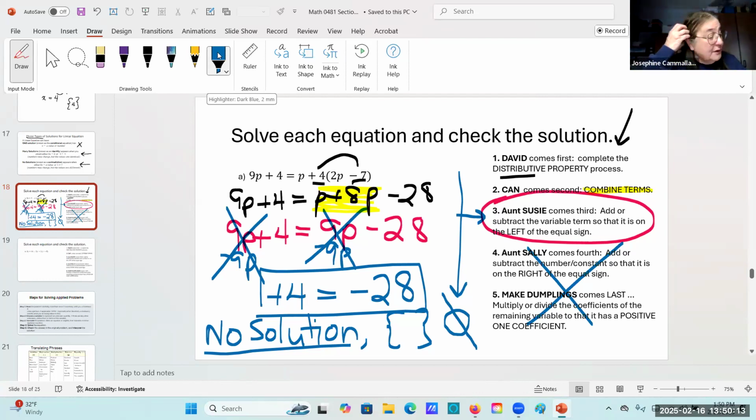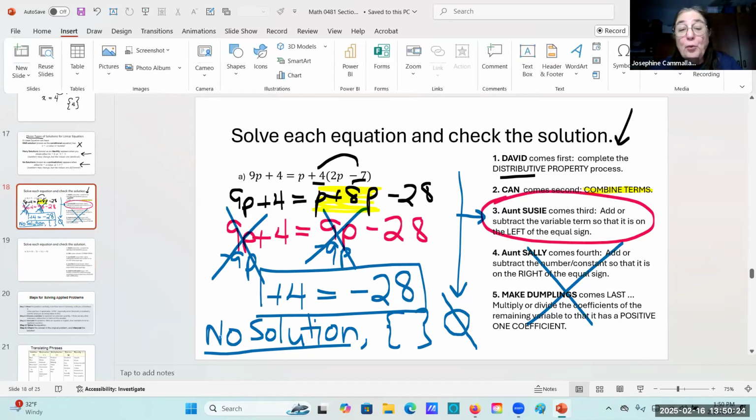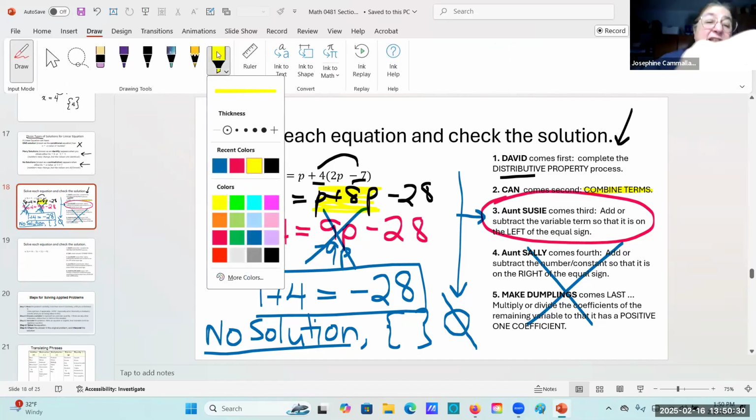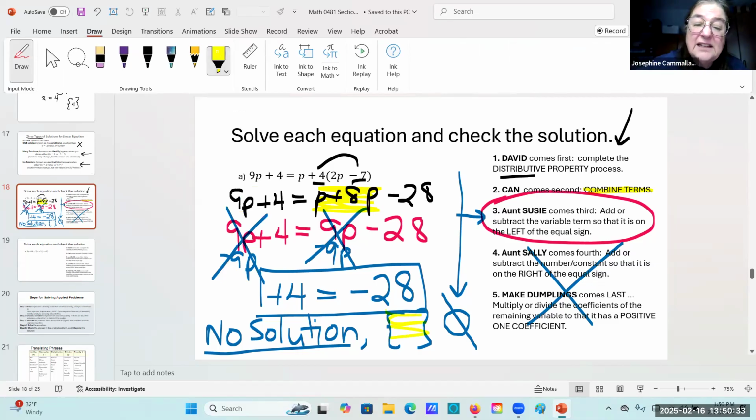That is most important. It's no solution. Okay. Now, some people like to write the words, but I will tell you that Pearson does like the empty set.